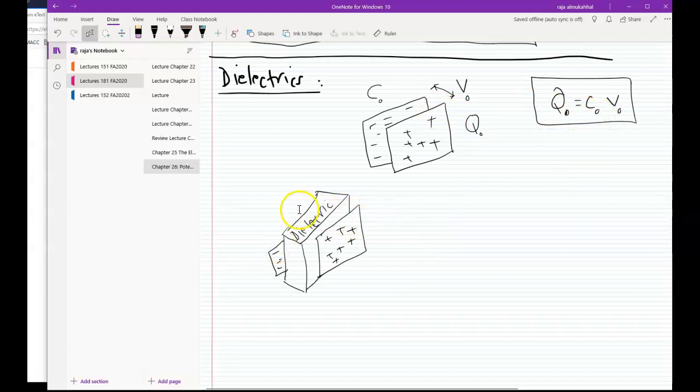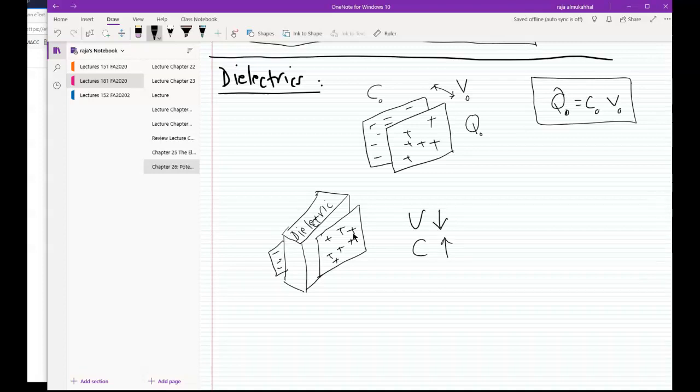Now, when I insert this dielectric, say paper, and then bring in my voltmeter again and measure the voltage, I will discover that the voltage has actually decreased, and the capacitance, however, has actually increased.